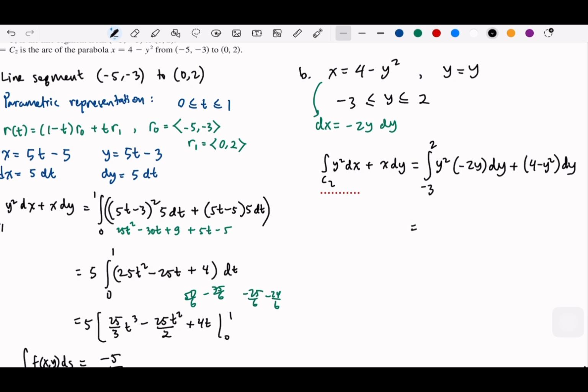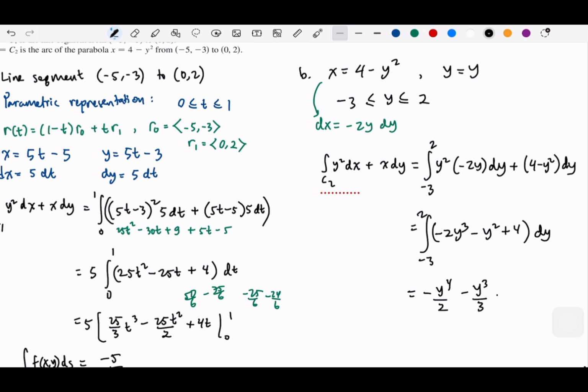So this will be the integral of negative 2y cubed minus y squared plus 4 dy. I think it is easier to compute. So this will be negative y to the fourth over 2, minus y cubed over 3, plus 4y.